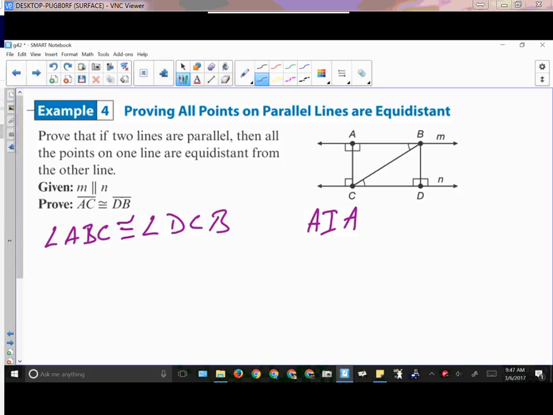So I see something else here. Can I say that angle BAC is congruent to angle CDB? Are they congruent? Why? You're nodding your head, Miss Anderson. Why are they congruent? Well, what do you see?